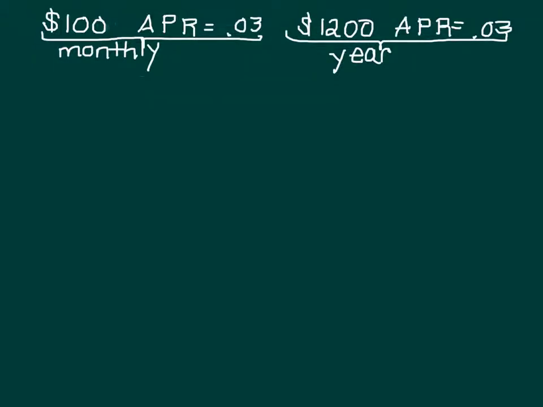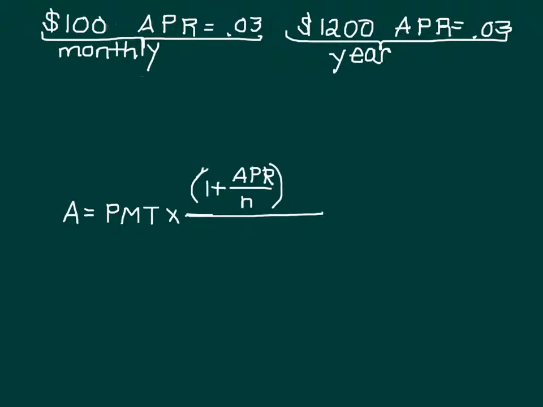So for this problem, we're going to use the same formula where the amount of money for each individual is equal to the payment that this person makes times the quantity 1 plus the APR divided by n, raised to the n times y, minus 1, over the APR divided by n.